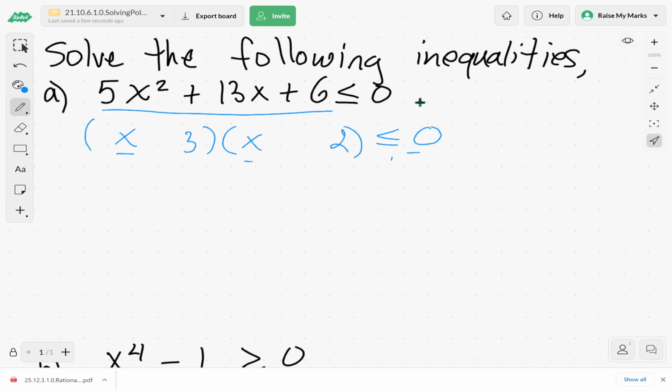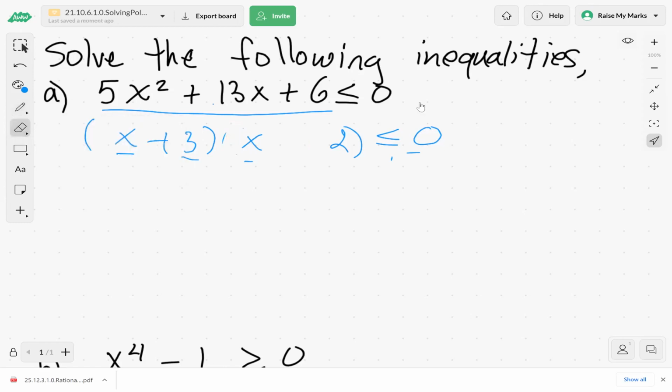If we put 5 here, then we have 15, and then we need to get a positive 13 here. We can put a negative there. However, the 3 and the negative 2 give us negative 6, not positive 6. So this is probably not the correct factorization.